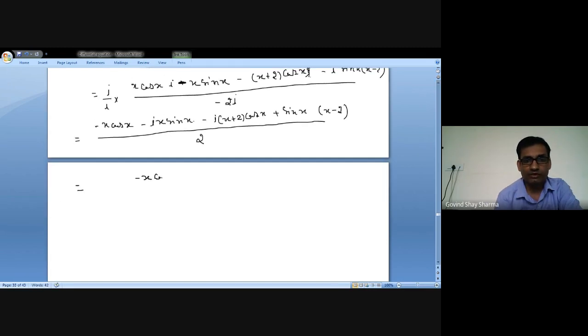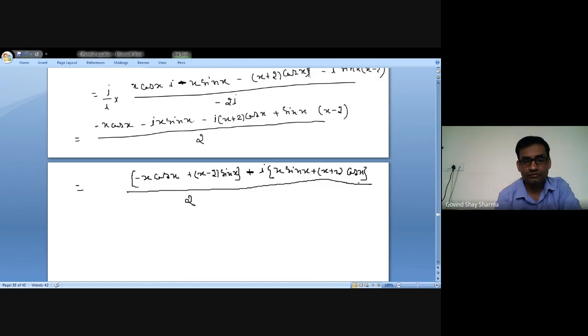Minus x cos x plus x sin x minus 2 cos x is the term without iota, plus iota taken out, minus x sin x plus x cos x plus 2 cos x, upon 2. So this term is the real term and this is the imaginary term.